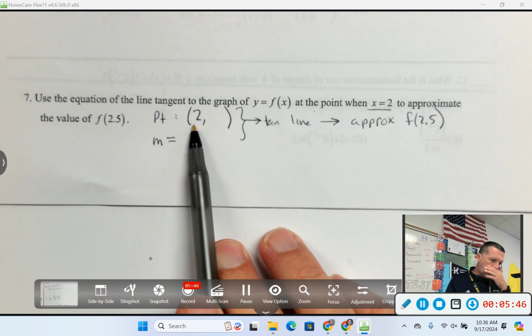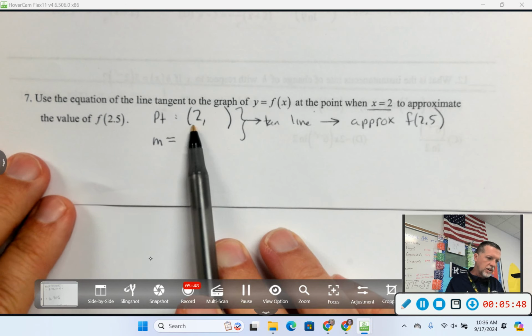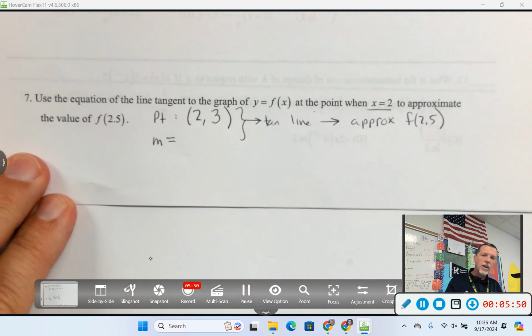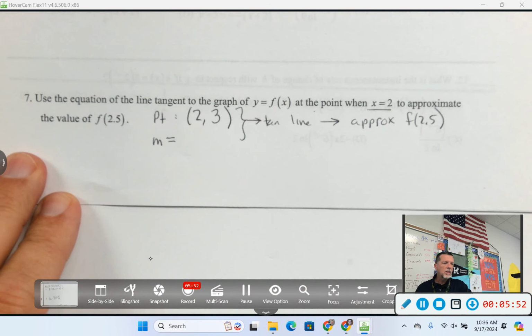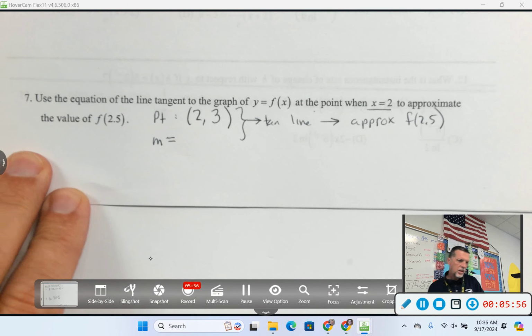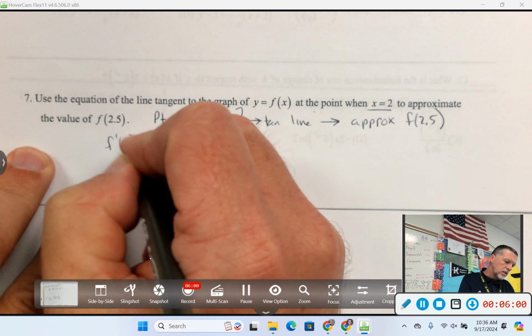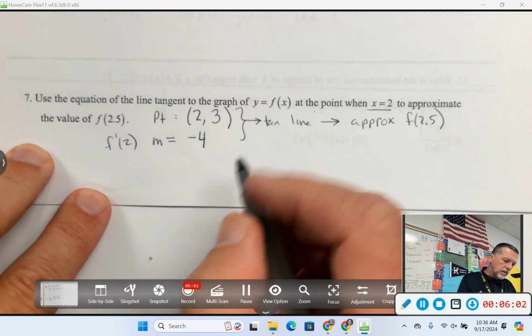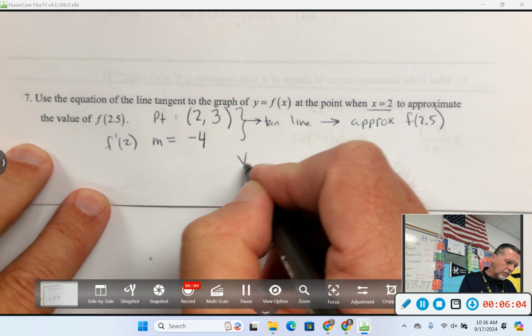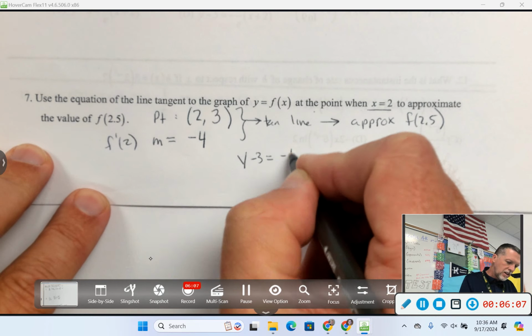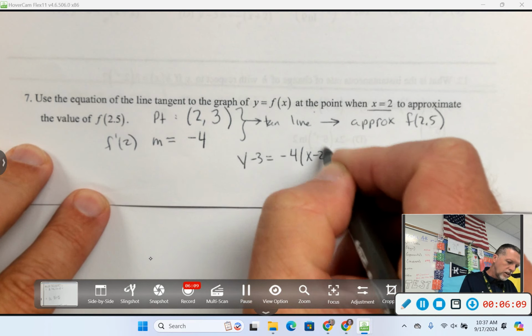So f of 2, again I'm still with the table here. F of 2 is 3. That's just in the table. F prime of 2 is negative 4, again from the table. So my tangent line would be y minus 3 equals negative 4 times x minus 2.